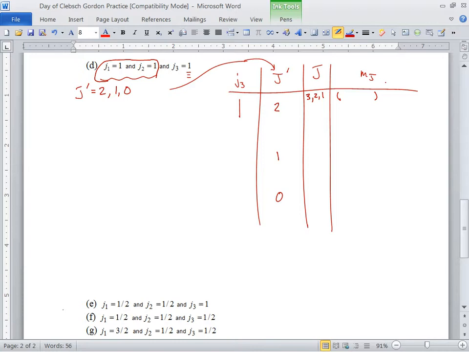My first set would be 3 to negative 3, then 2 all the way down to negative 2, then 1 all the way down to negative 1.